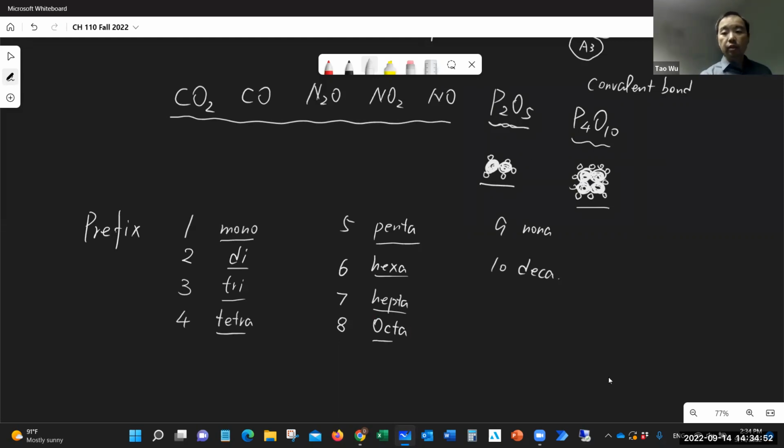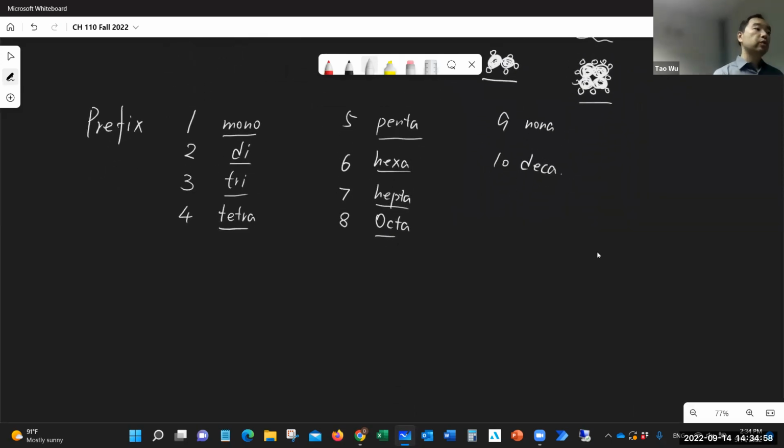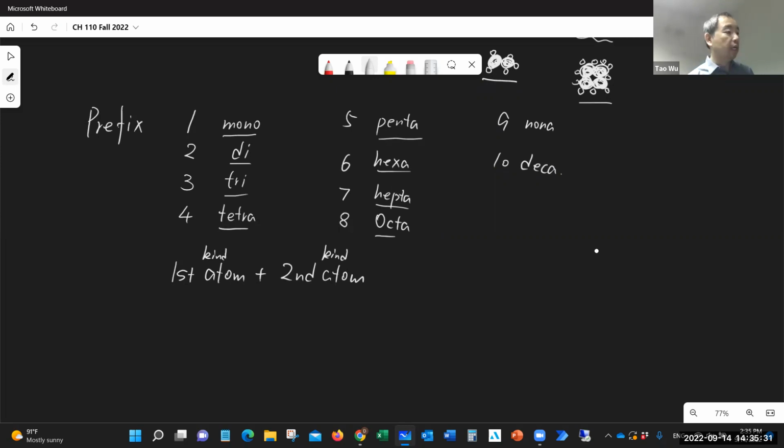Okay, and then let's talk about how we can apply this. There are 2 rules. Here we only talk about naming for molecules with 2 different kinds of atoms. So for example, we have a first atom plus a second atom, the first kind of atom and the second kind of atom, combined with only 2 different kinds of atoms.